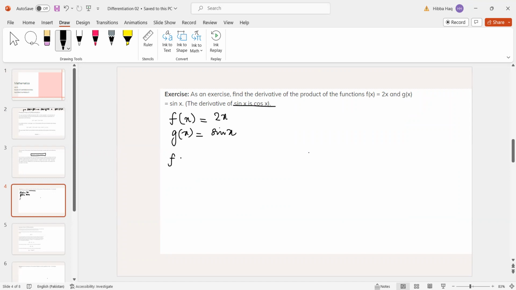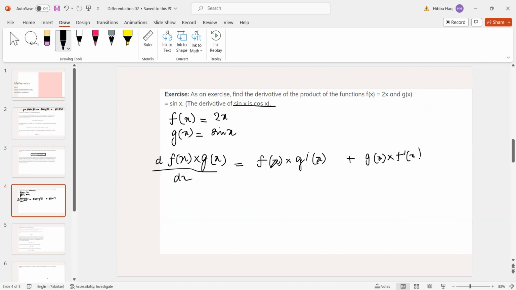So if I'm multiplying them and I have to find the derivative of this product, d upon dx is going to give me f of x into the differential of g of x, g dash x, plus g of x into the differential of f of x. So now we're going to substitute all of these into the equation and see what we get.